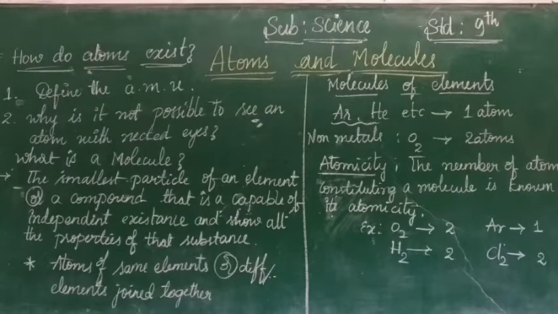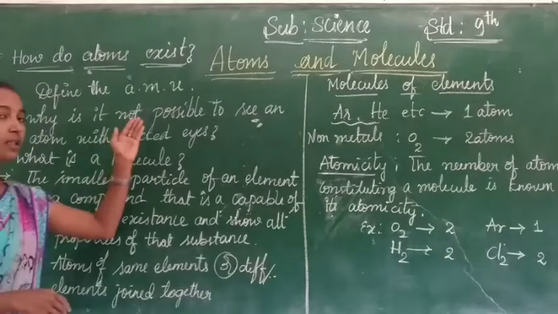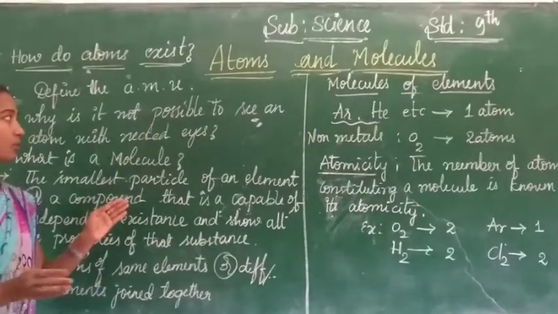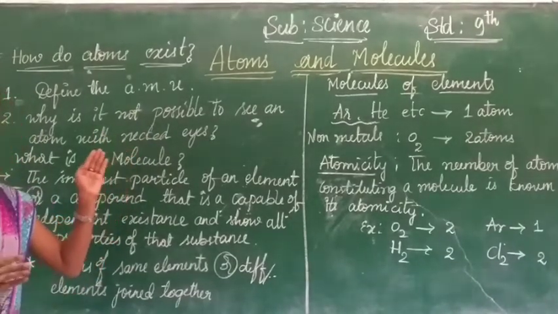Children, answer these two questions given in your textbook. The first question is, define the atomic mass unit. I already told you what we mean by AMU, atomic mass unit.